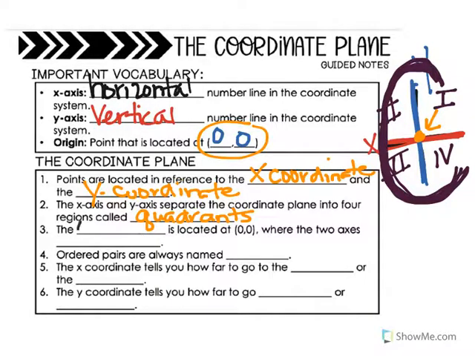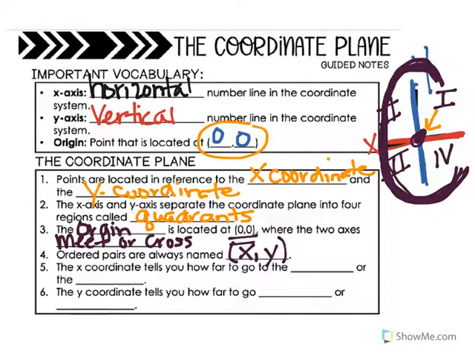The origin is located at 0, 0, as we mentioned, where the 2 axes meet or cross. So remember, this point right in the middle is the origin. Ordered pairs are always named by their x coordinate first and then their y coordinate.